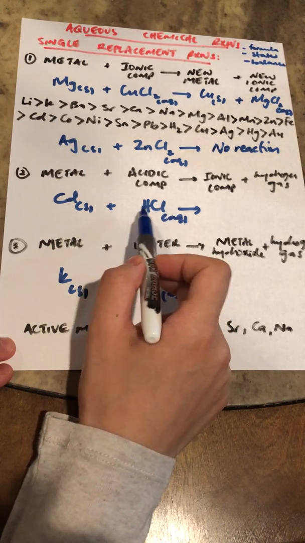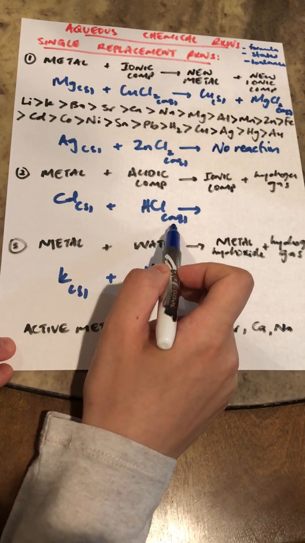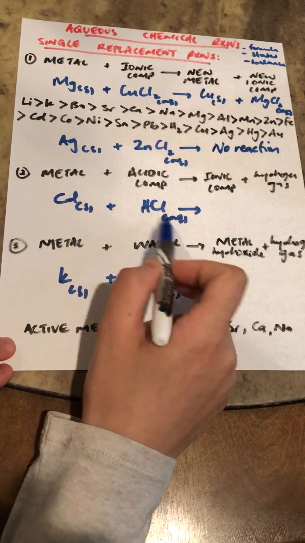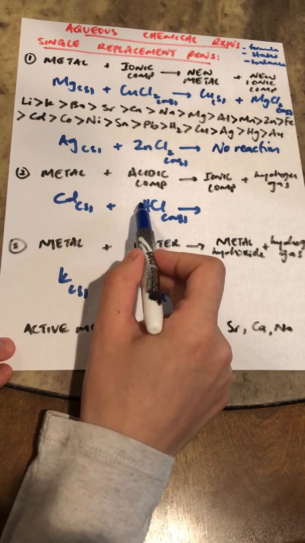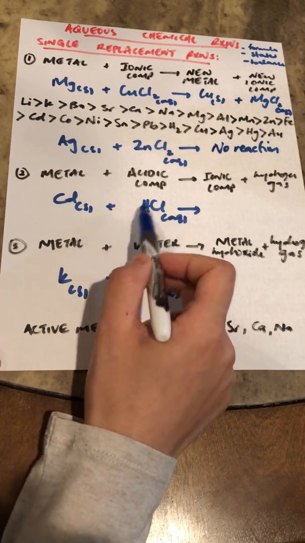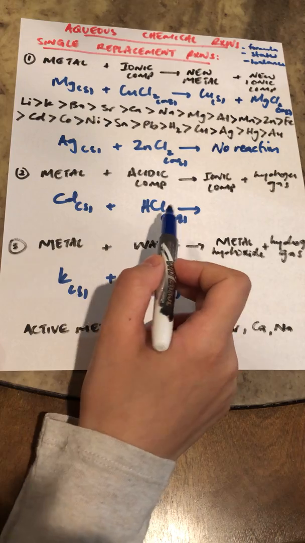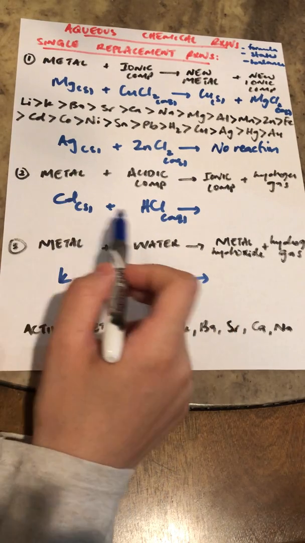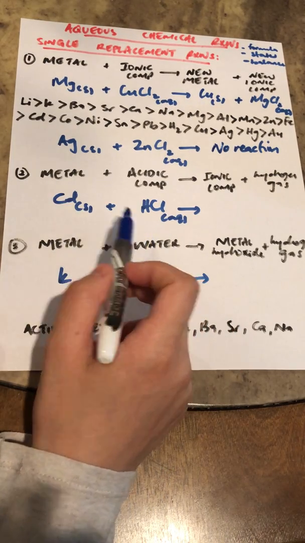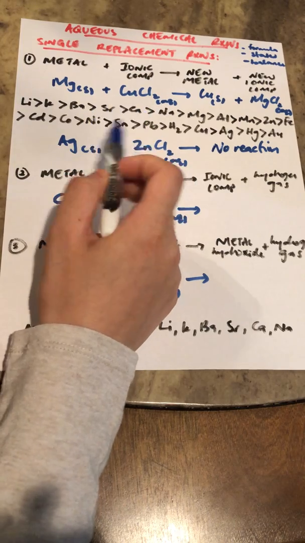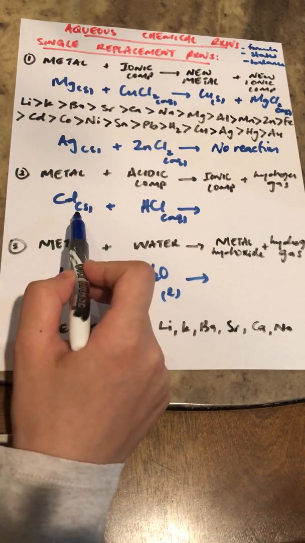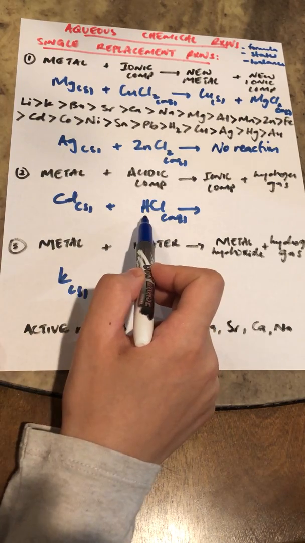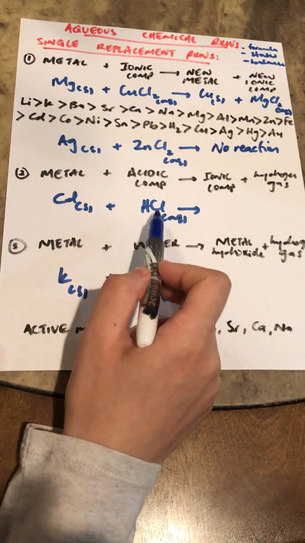And all acids and all bases will always be dissolved in water. This is why you always have to have the aqueous symbol. So since we have the H+ ion and the aqueous symbol, we know this is an acid for sure. And the other thing that we need to identify over here is the same exact thing I was talking about over here, which is whether the metal that's by itself is more reactive than the metal in the compound format.